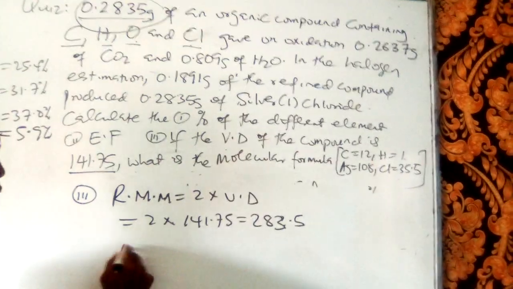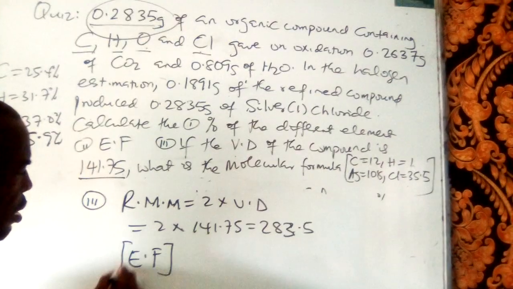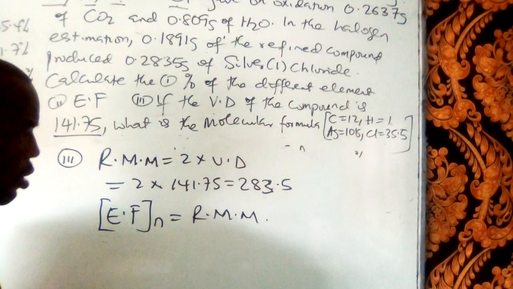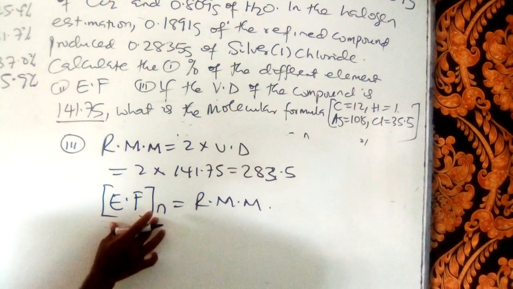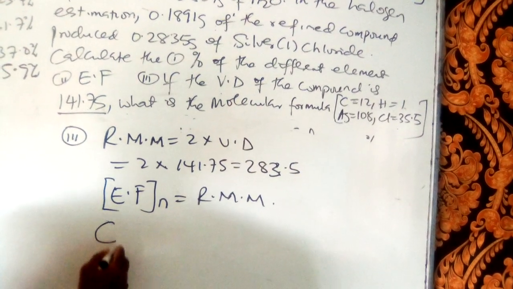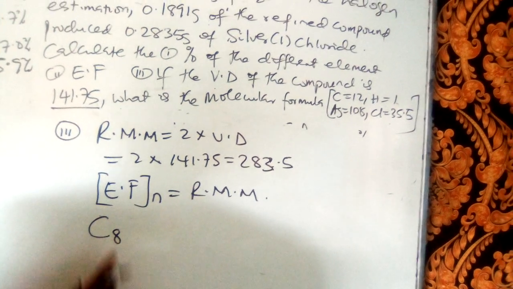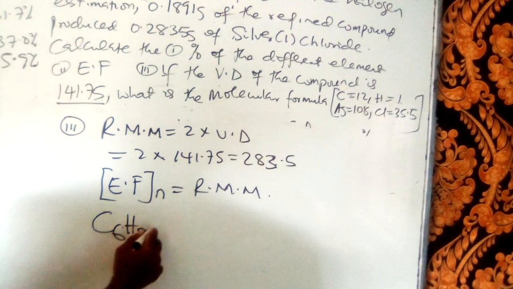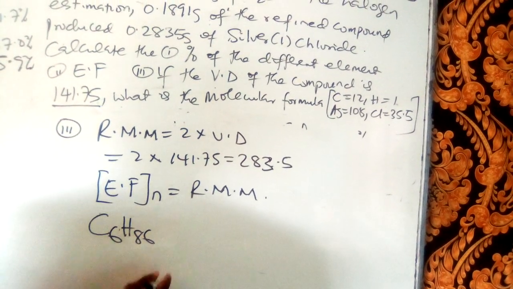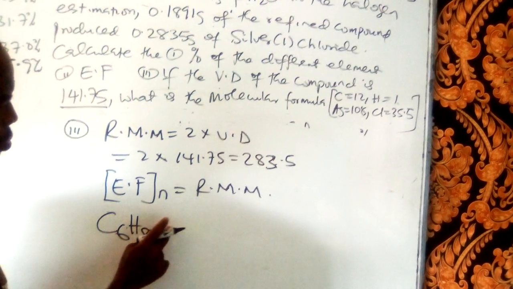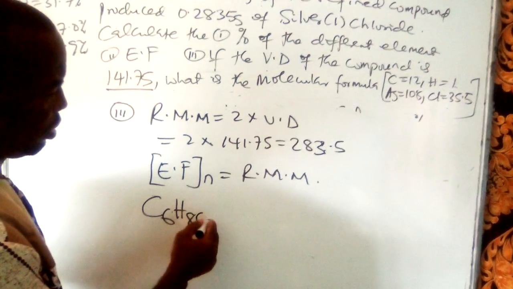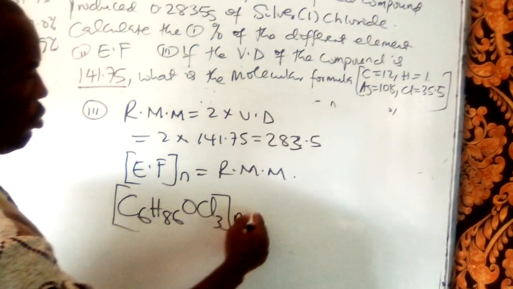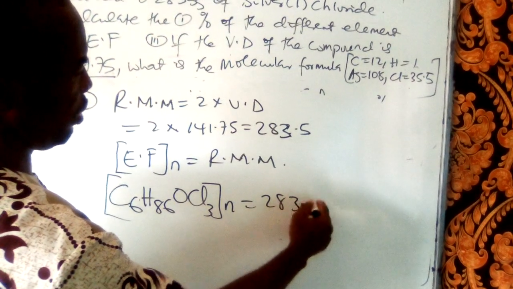Now having done that, we move to get the molecular formula. We have empirical formula times n gives us the relative molecular mass. So the empirical formula determined, C6H86OCl3, multiplied by n equals 283.5.